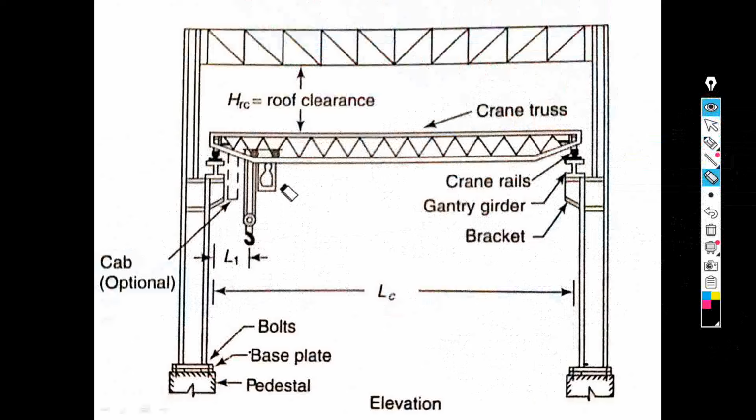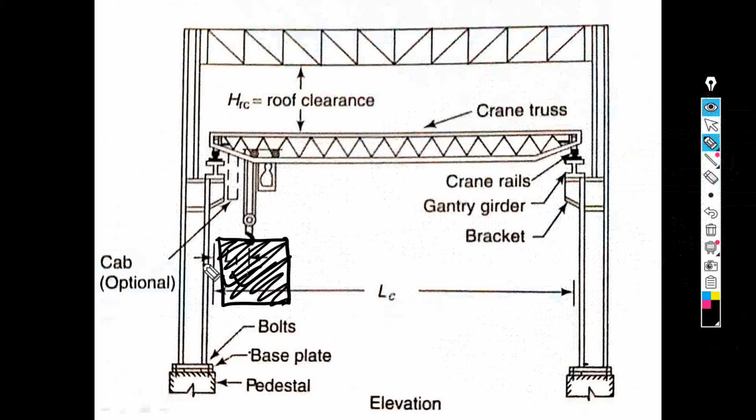Now what is L1? L1 is the hook approach. We cannot decrease L1 beyond the specified value because suppose this is a load here, and if we decrease L1, then what will happen?